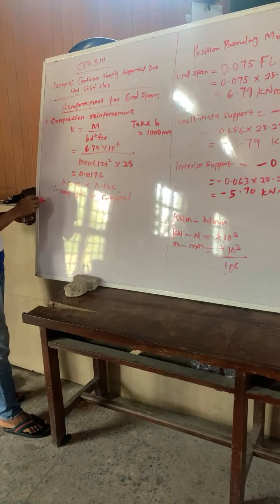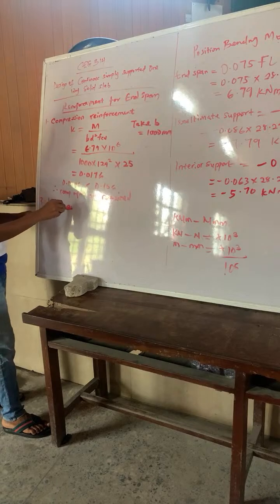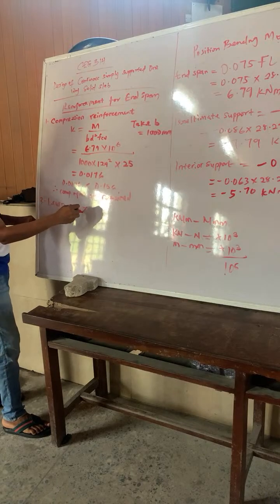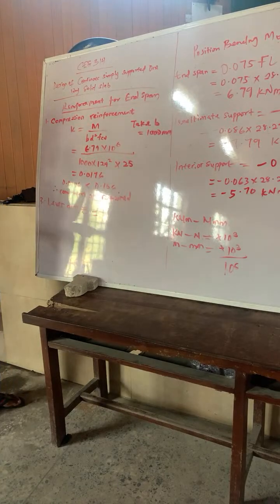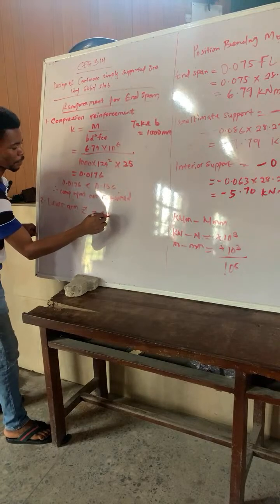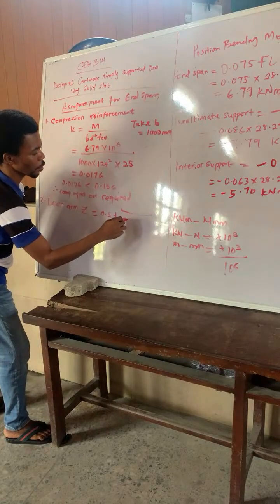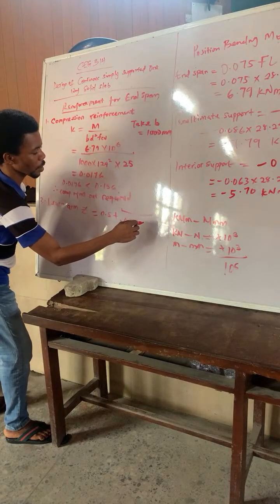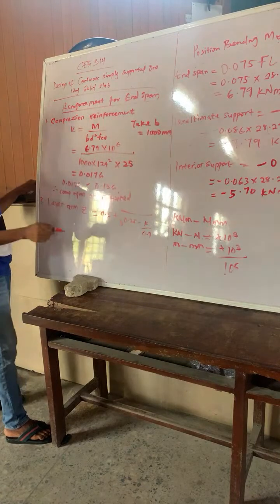So now we'll move on to our lever arm, which is represented with Z. Please write this down. Z is 0.5 plus root of 0.25 minus K over 0.9.